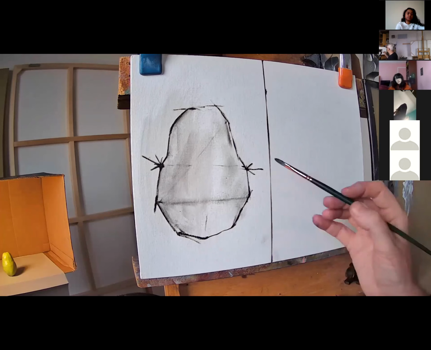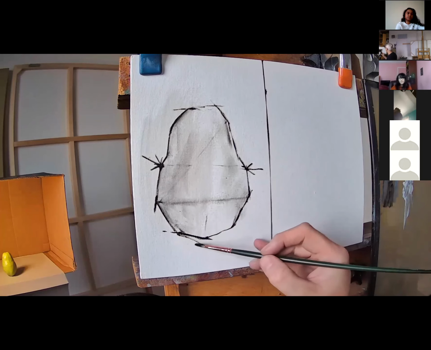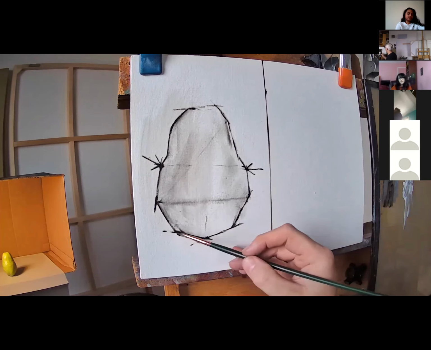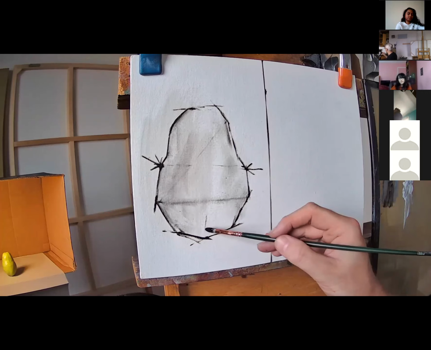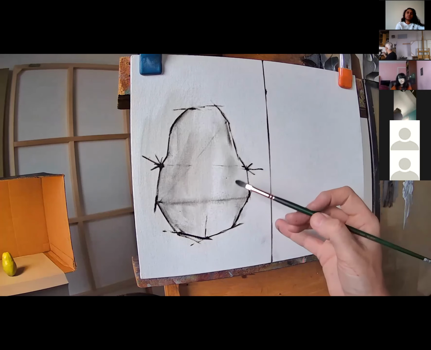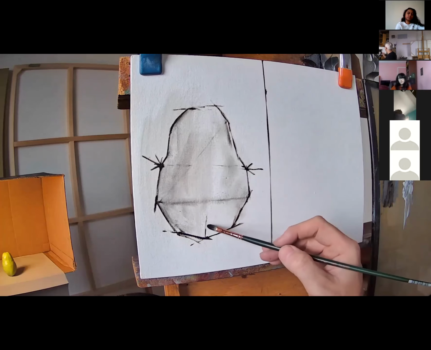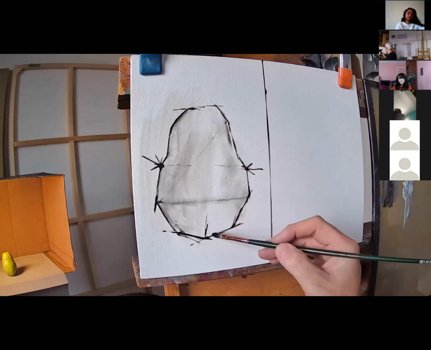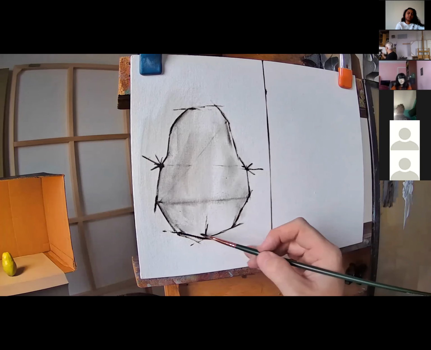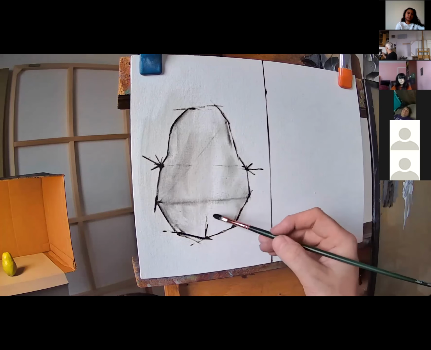So if you look at your image, let's look at the bottom contour of the object, which we can draw as two straight lines meeting at a kind of front corner. Let's look at the shadow pattern of that object. Where does the shadow start? The shadow pattern starts roughly at this bottom front corner, because that's a place where two planes meet and change direction.